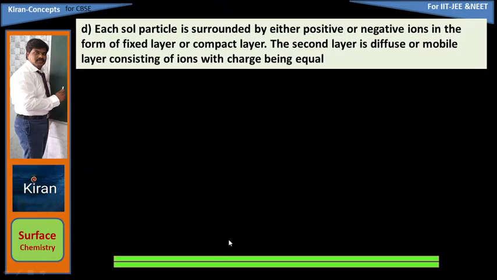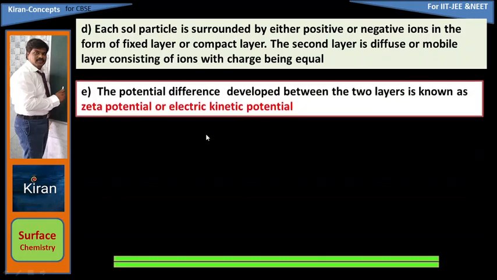One more property, some important terms. Each sol particle is surrounded by either positive or negative ions in the form of a fixed layer or compact layer. The second layer is a diffuse or mobile layer consisting of ions of equal and opposite charge. The potential difference developed between the two layers is known as zeta potential or electrokinetic potential.